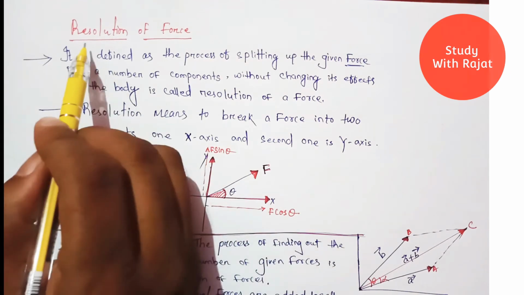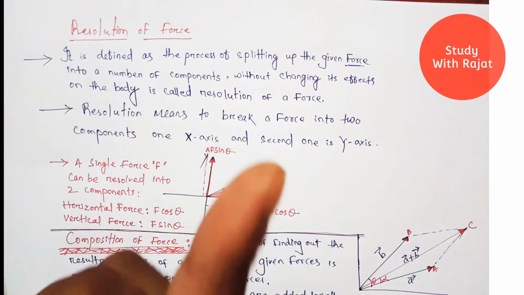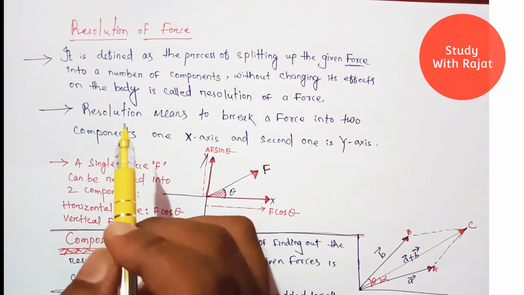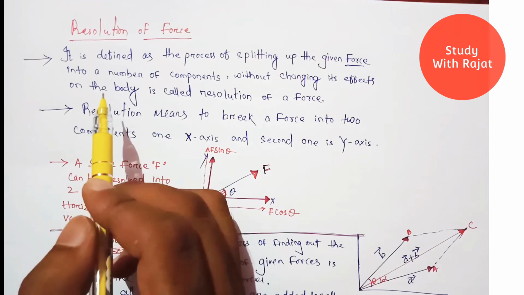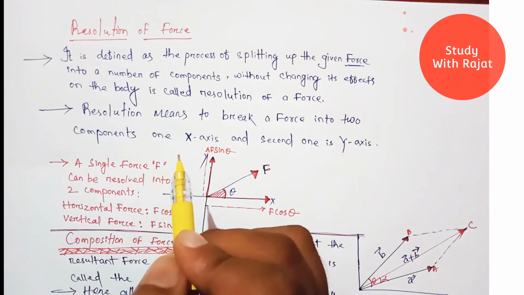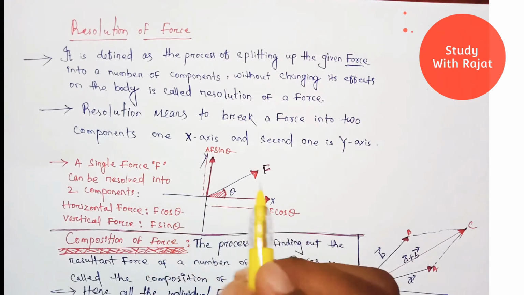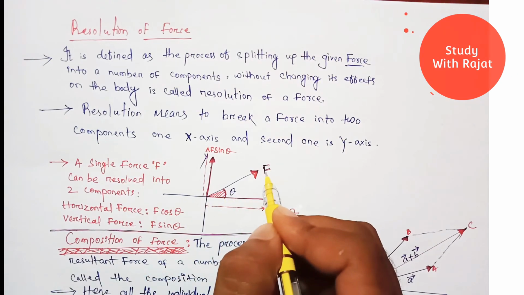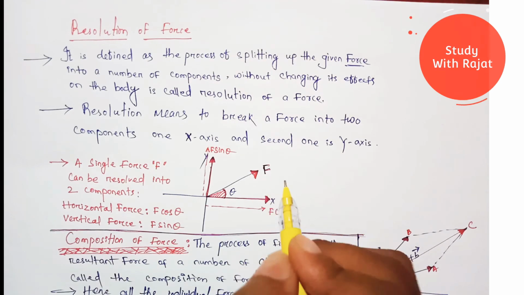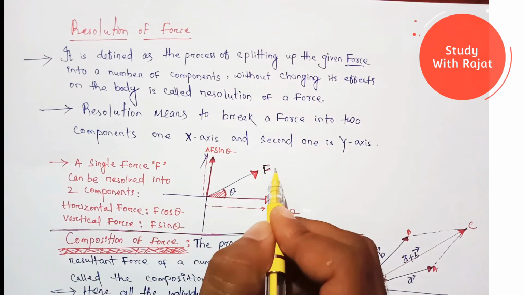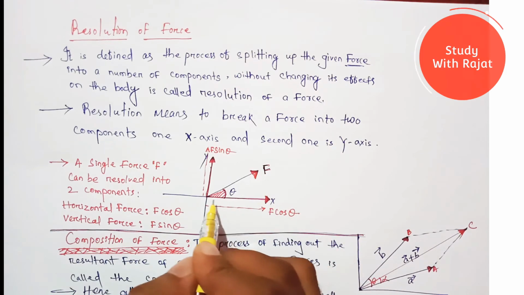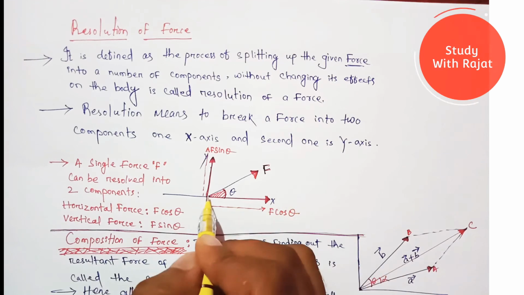So resolution of force means one single force will be split into different components. The definition is very easy; you have to understand it and remember it. A force F is split into components: F cos theta, the horizontal component, and F sin theta, the vertical component.